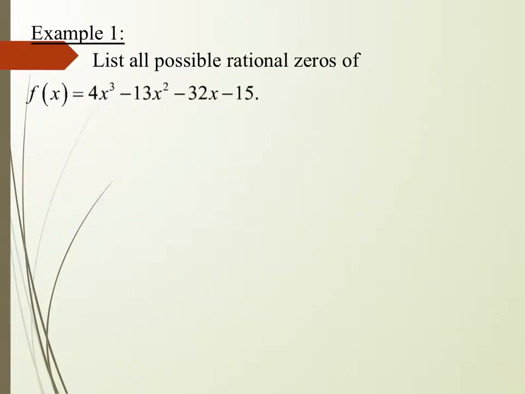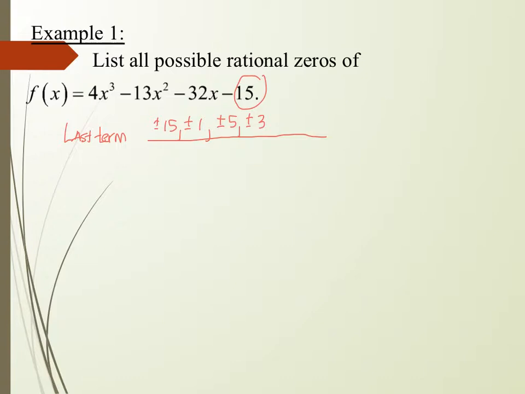So in this case, we're going to list all the possible rational zeros of f of x. And so in this case, we're going to look at the last term, and we see that for the last term, the potentials are plus or minus 15, plus or minus 1, plus or minus 5, plus or minus 3.